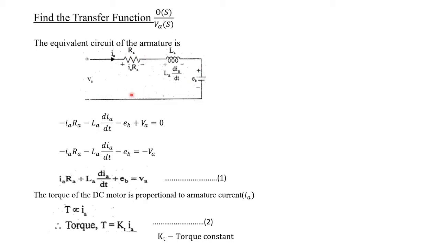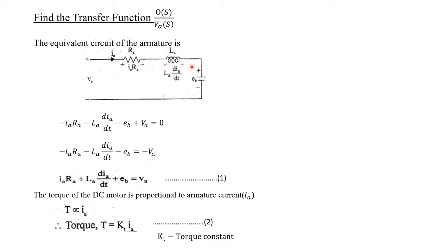Understood? Now in this loop we are going to apply KVL. Before applying the KVL, we have to put plus minus along the direction of current flow for each and every element. So for this RA, we can put plus minus like this.